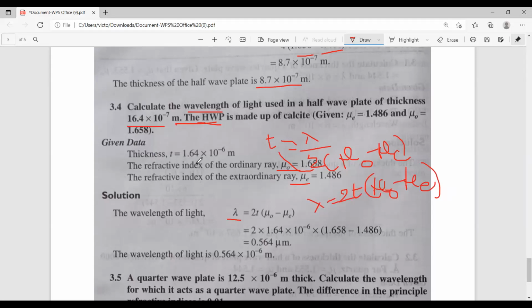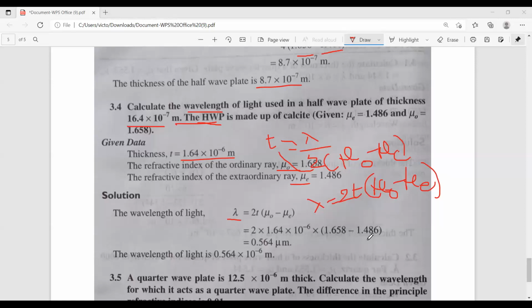So 2 into t value 1.64 into 10 power minus 6 into μO value 1.658 minus 1.486. The given value 16.4 into 10 power minus 7 meters is converted into 1.64 into 10 power minus 6 meters. Don't worry, just the decimal point changes place and the 10 power value also changes.